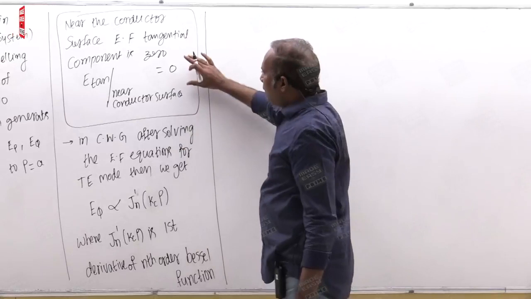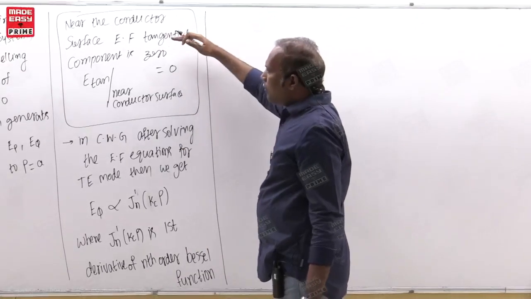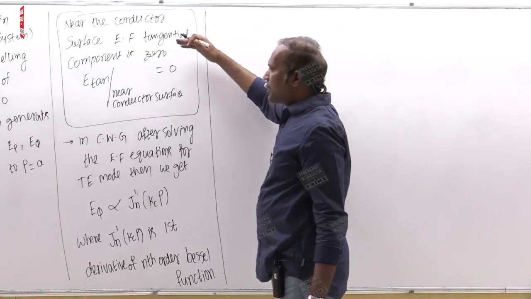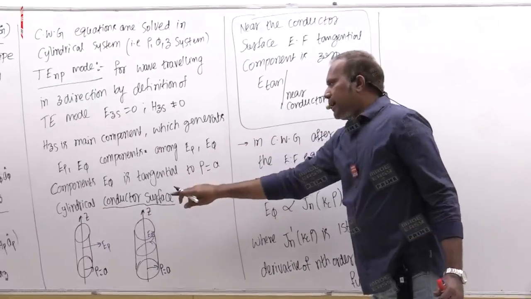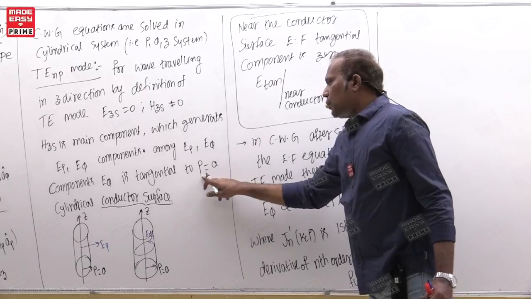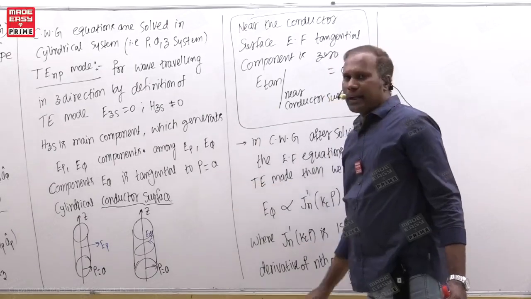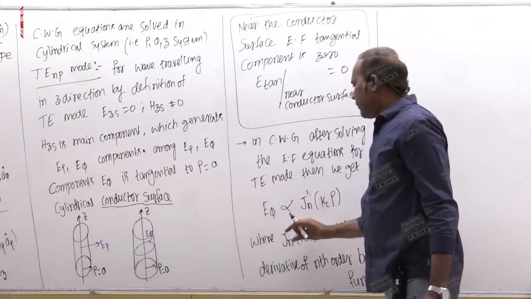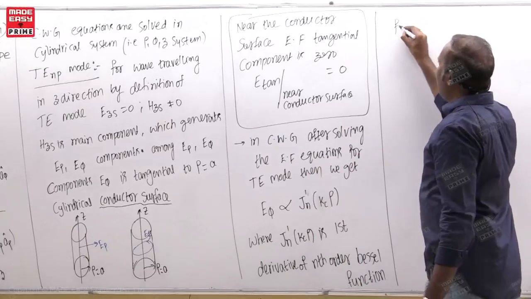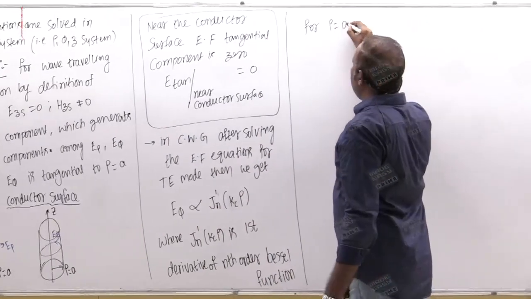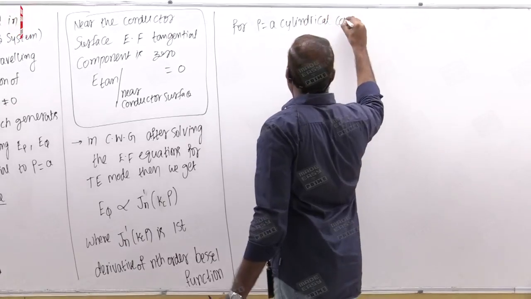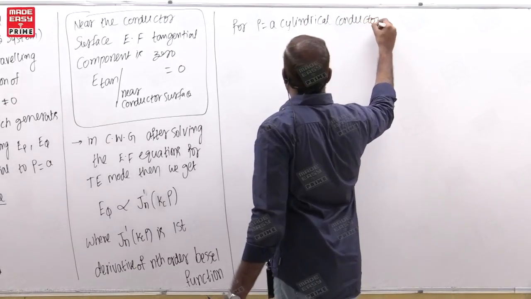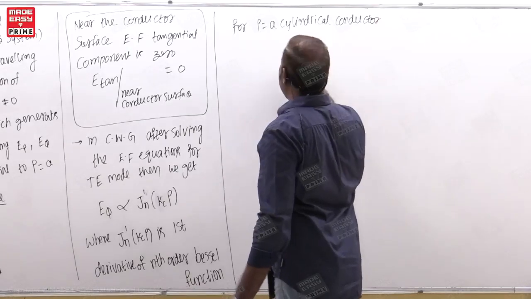Now, here what you have studied, for a conductor surface, electric field tangential component is 0. Here E phi is tangential to rho is equal to a cylindrical conductor surface. That means shape is cylinder, material is conductor.